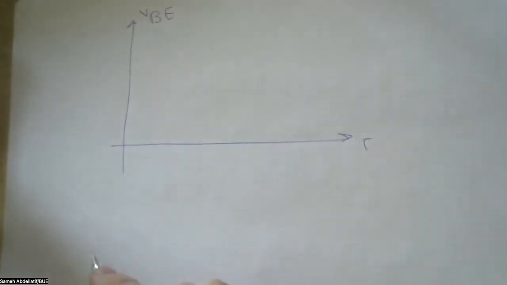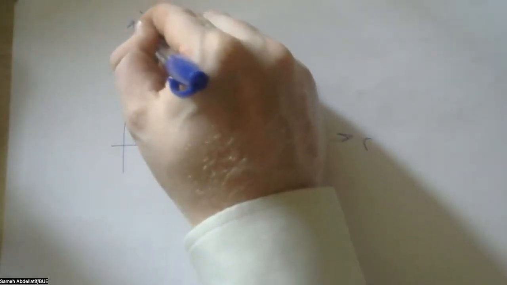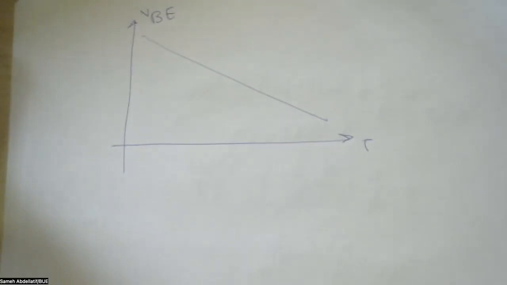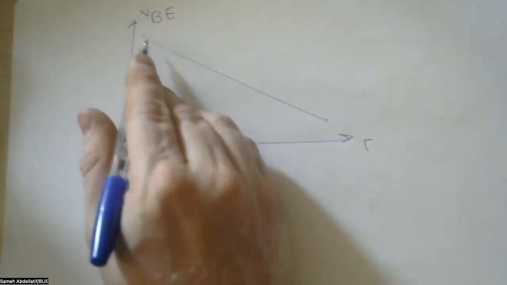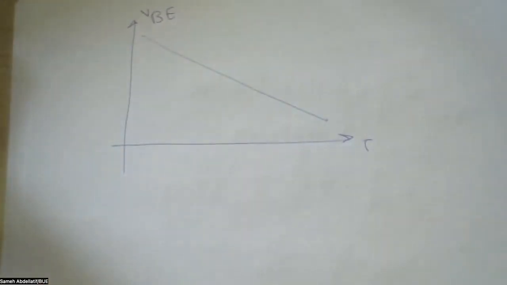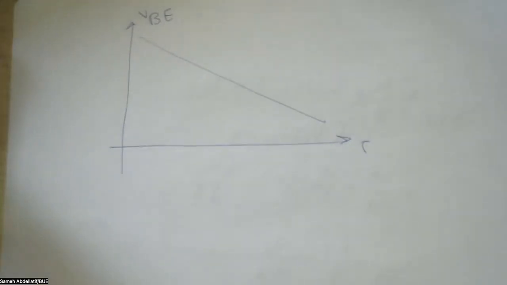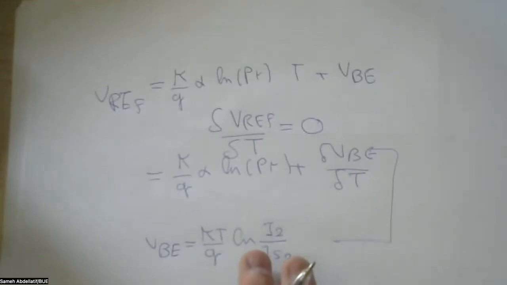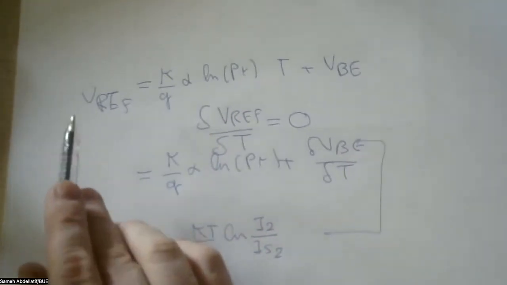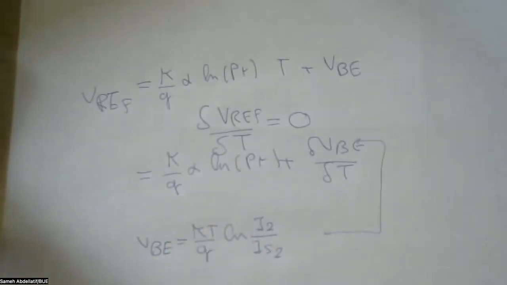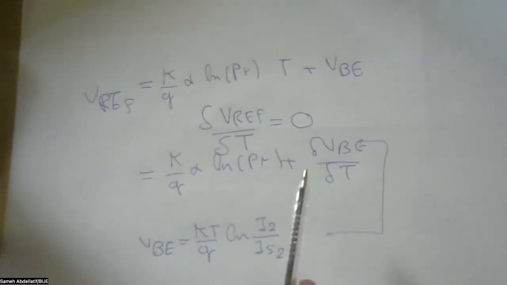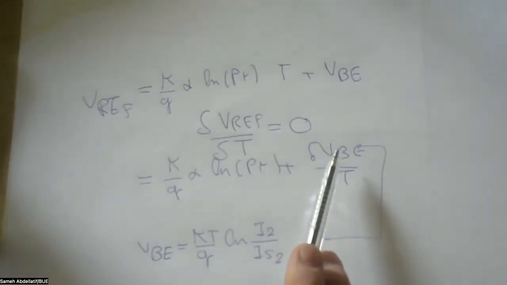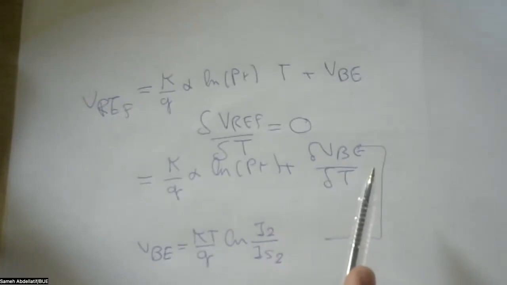After doing this experiment, we get some sort of a curve like that. While changing the temperature, the VBE drops with this linear behavior. Again, the question is still open: is it possible to have a V reference which is temperature independent? Surely VBE is temperature dependent, but how can we manage this?